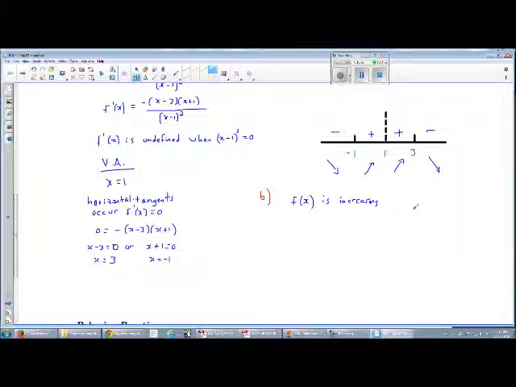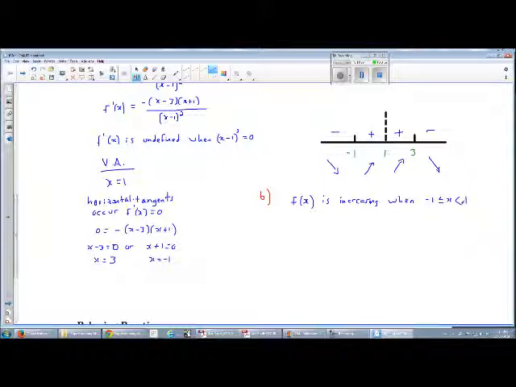One, when -1 is less than or equal to x, less than 1. Sorry, that should be less than 1 because there's a vertical asymptote there.